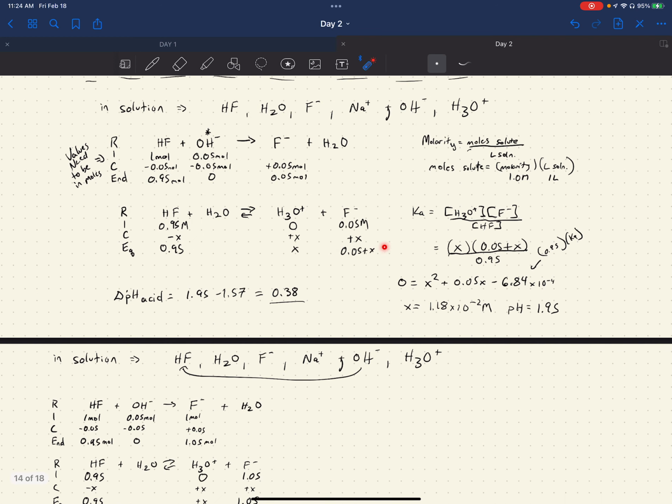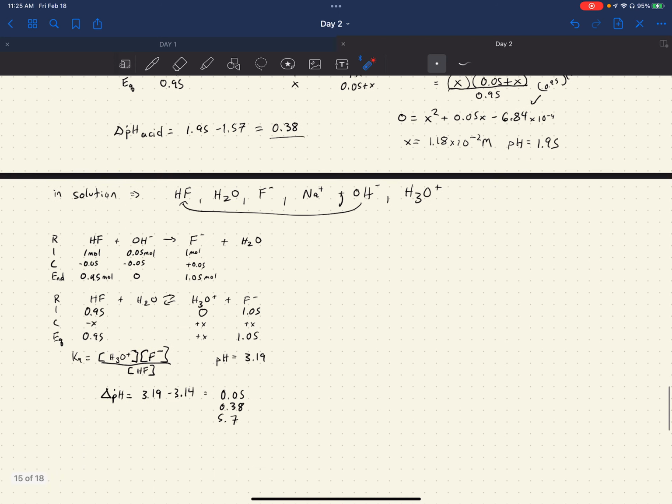Now, once we have our value of x, we could use Henderson-Hasselbalch to get the pH, but at that point we have pH equals negative log concentration of hydronium ion, which we just solved for. So that would probably actually be easier.